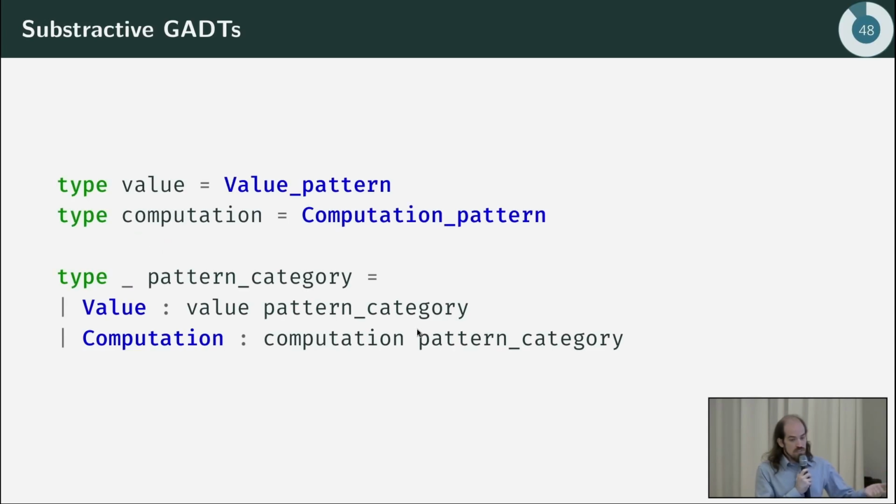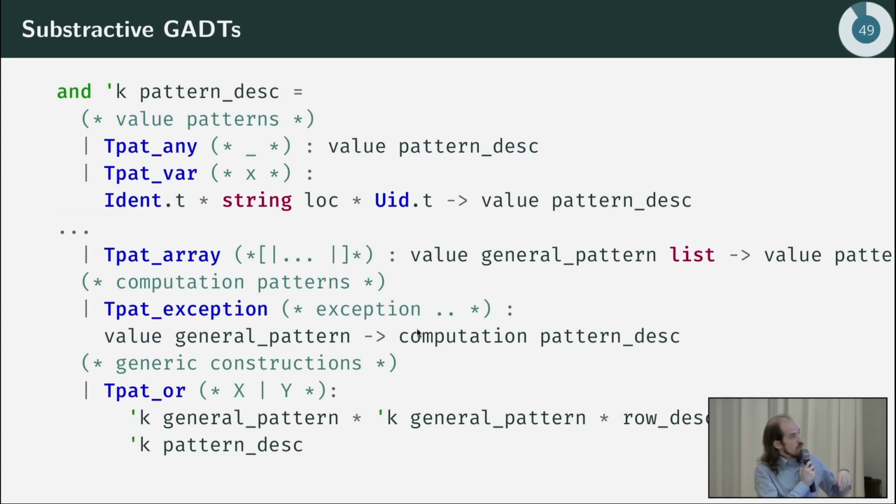So GADTs are a solution to say, well, the truth is that I have two kinds of pattern. I have computation patterns that can appear when I'm matching on the result of a computation, and I have value patterns that correspond to all the things that match on values.